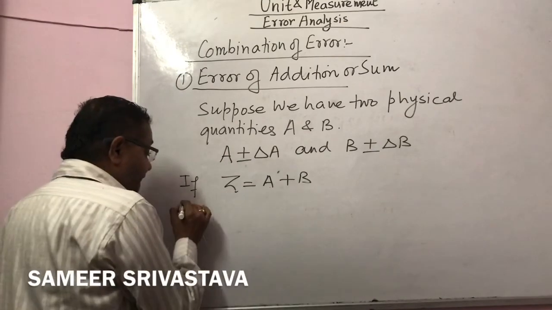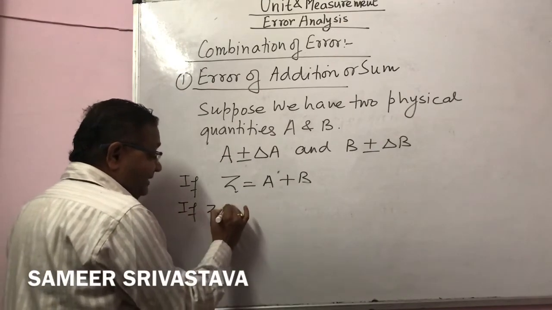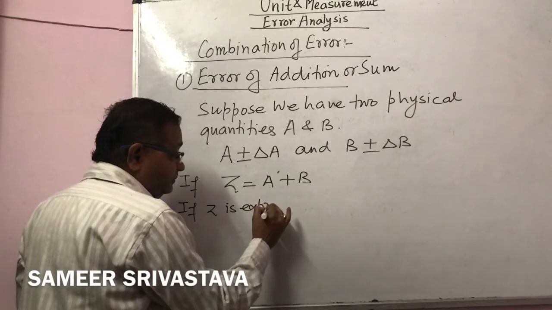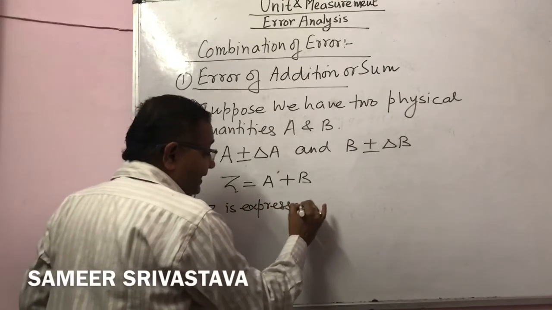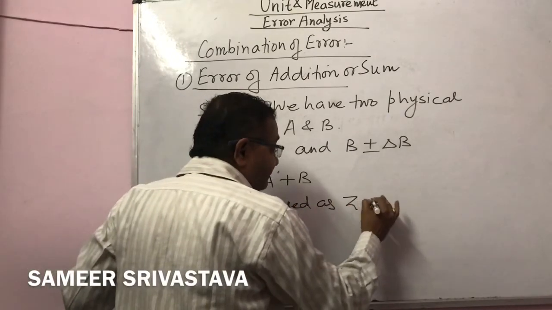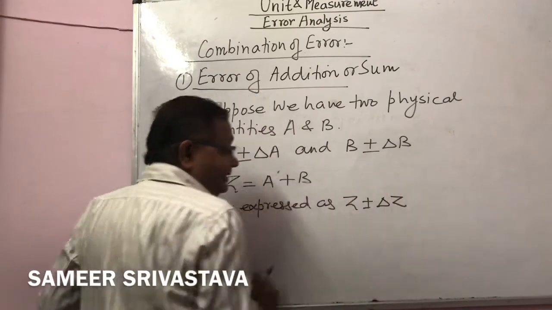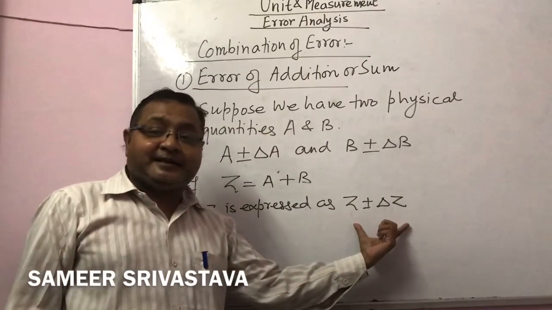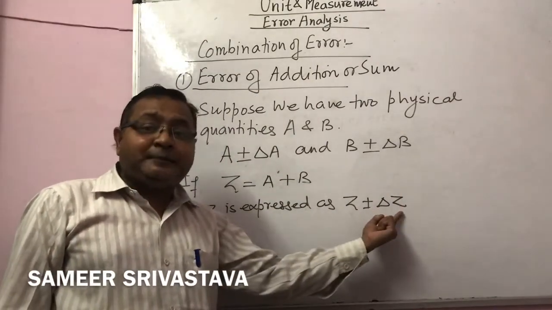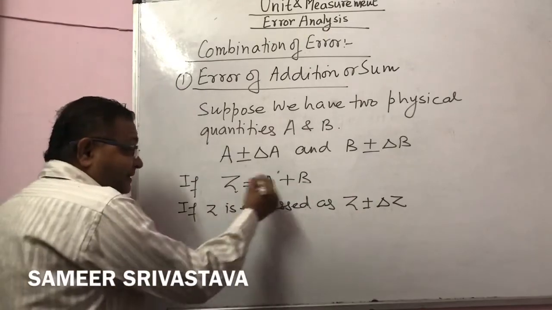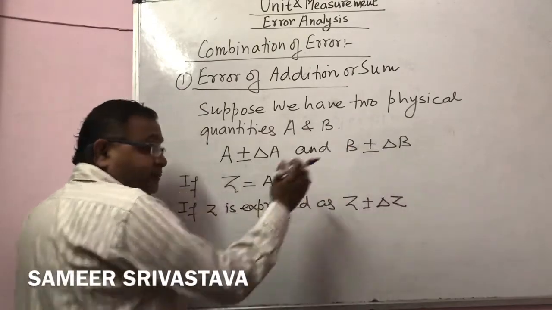Now if A plus B is equal to Z, and Z is expressed as Z plus minus delta Z, this is the form of expression for Z, actual value plus error. So we write this expression in terms of their expression values.